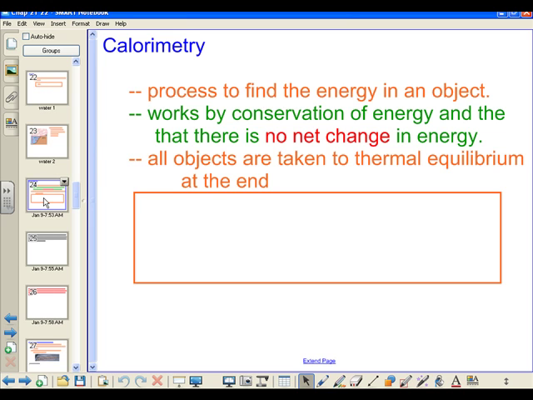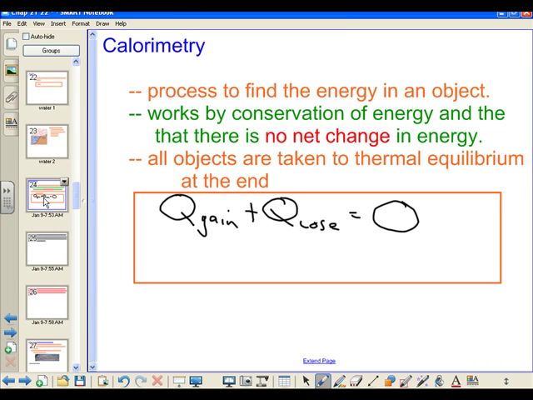If we have some things, some gain energy, some lose energy, but the sum is going to be zero. Conservation, we're not going to lose anything. In other words, we have an MC delta T term here where it's positive, plus an MC delta T term here where it's negative, and it's going to equal 0.